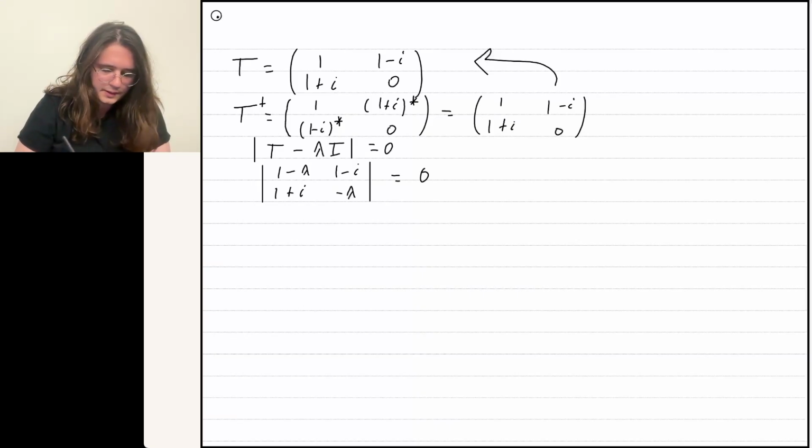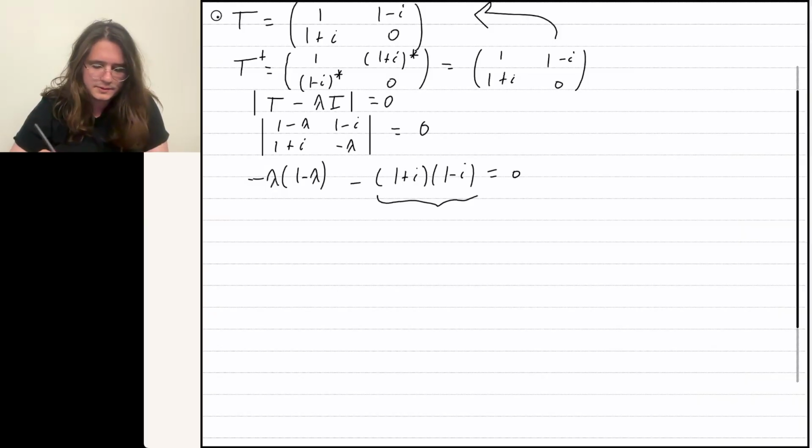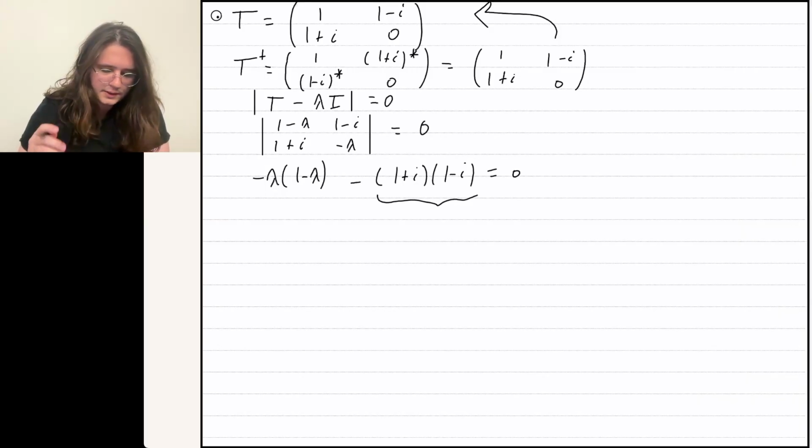And of course that determinant is just going to be minus lambda times 1 minus lambda, minus 1 plus i times 1 minus i. This thing is going to be our best friend in this problem. It's going to pop up a lot. So let's make sure to note the result very clearly whenever we finish this calculation here.